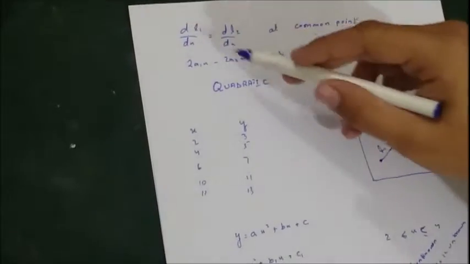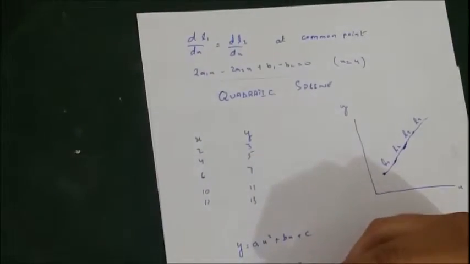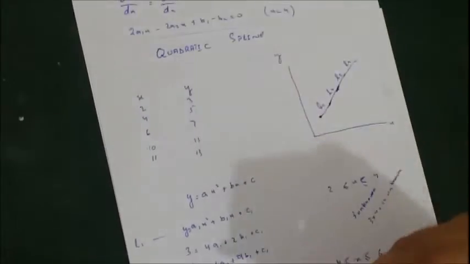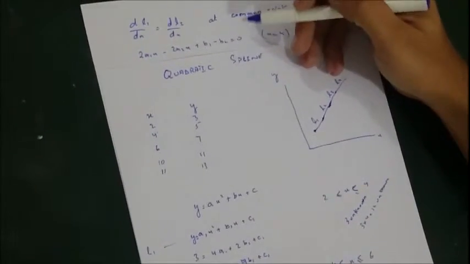Then differentiating L1 gives us 2a1x plus b1, and on the other side differentiating L2 gives us 2a2x plus b2, and the difference is equal to 0.